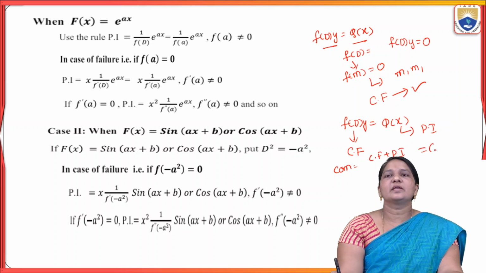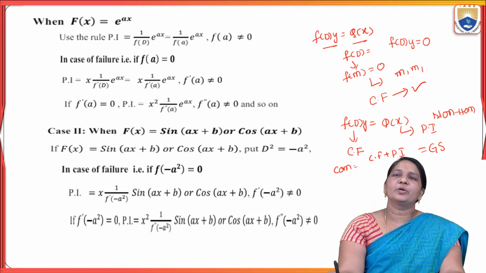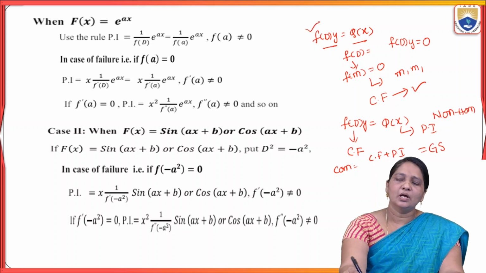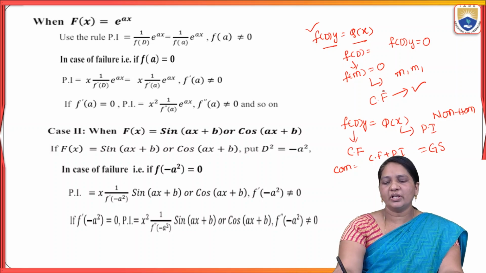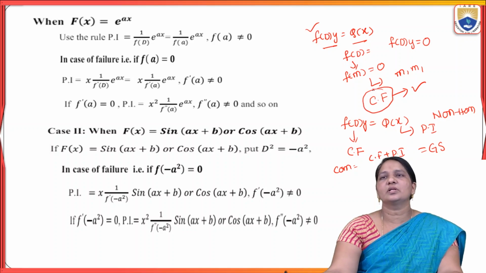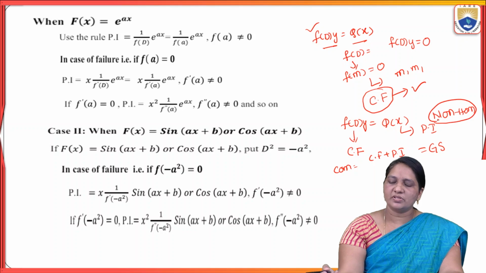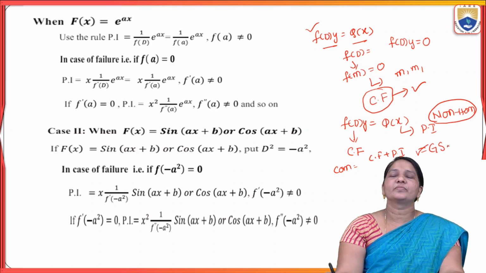This is the general solution of the non-homogeneous equation. So two important points you have to remember. If it is a homogeneous equation, only the complementary function is the general solution. If it is a non-homogeneous equation, the complementary function and particular integral together give the general solution of the given equation.